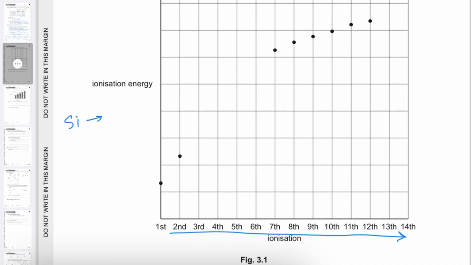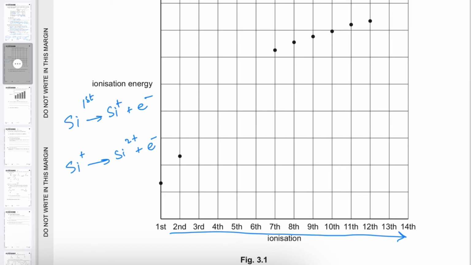So let's say during the first ionization energy, you will have a positive charge on the silicon ion. During the second ionization energy, this will result in a plus 2 charge on the silicon ion.